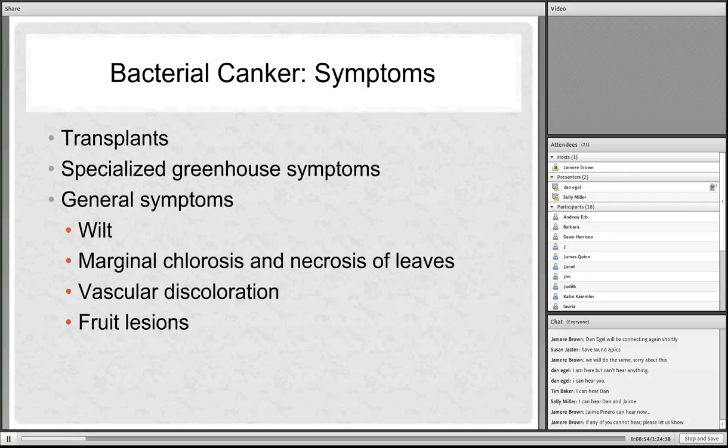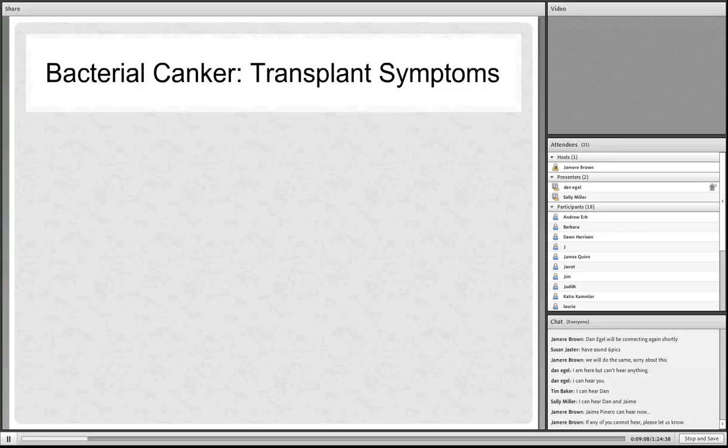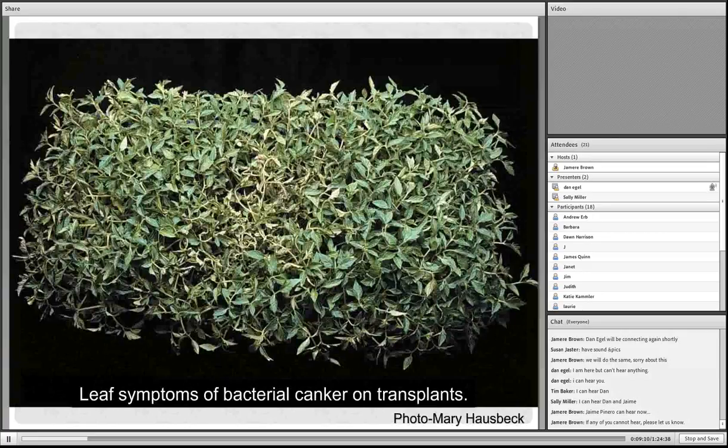All right, so I want to talk a little bit about symptoms here. I'll start off talking about transplants, go to specialized greenhouse symptoms, and then some generalized symptoms, for example, wilt, marginal chlorosis and necrosis, vascular discoloration, and of course the fruit lesions. This leaf symptoms photograph is provided by Mary Hausbeck. This is a tray of transplants, and at first glance it looks good.